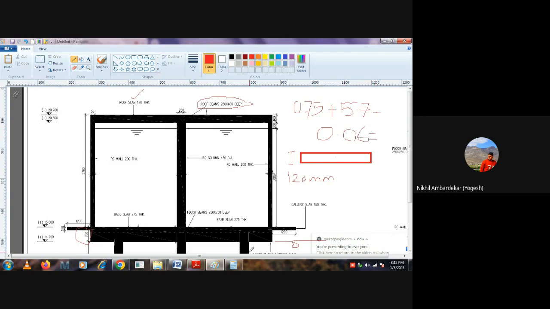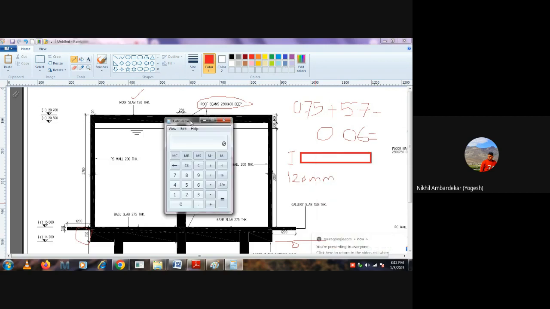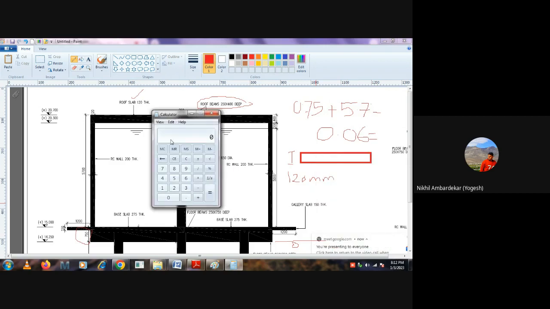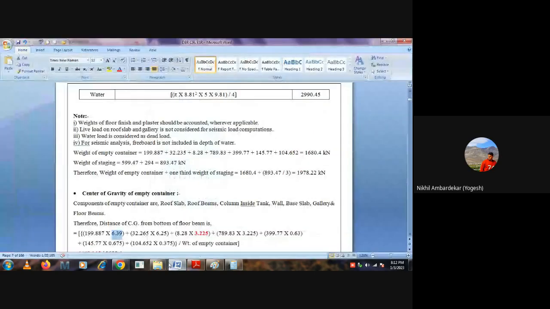So 0.75 plus 5.7 minus 0.06 is 6.39. That is how we calculated. 199.887 is the weight of the roof slab, into 6.39.